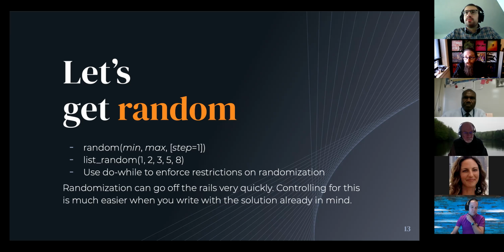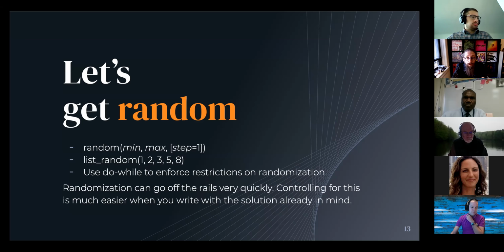That step defaults to 1, so it's very easy to use the random function to generate random integers. You can also use a list random call where you list the options that you want to choose from, and list random randomly selects one of those options.